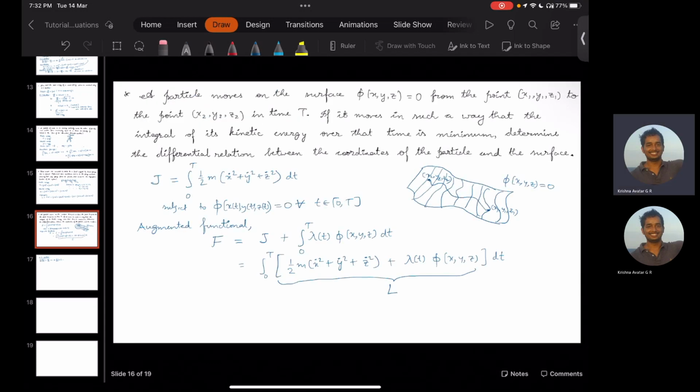Now, when we take a look at this expression, clearly the only place where x occurs is as an argument to the function phi.